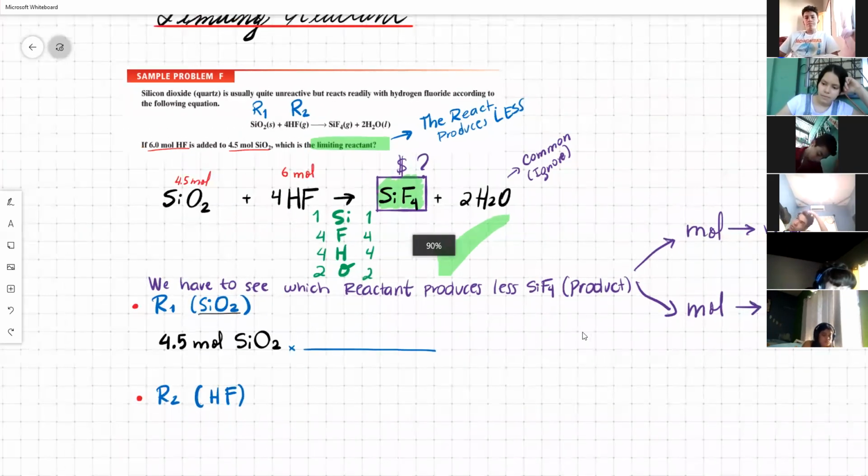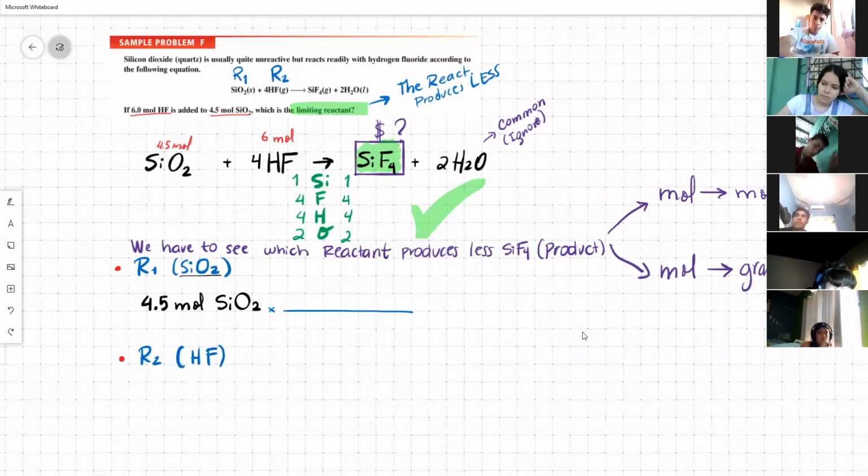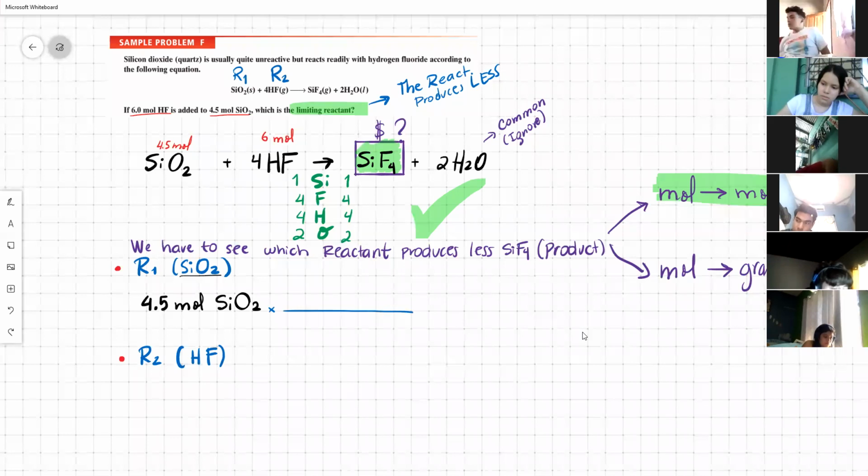Now, the procedure that I suggest is that you only do the mole to mole conversion because it is easier. It doesn't mean that moles to grams is a lot more difficult. But if the question is very simple, just asking which one is the limiting reactant, go simple. Go for mole to mole.